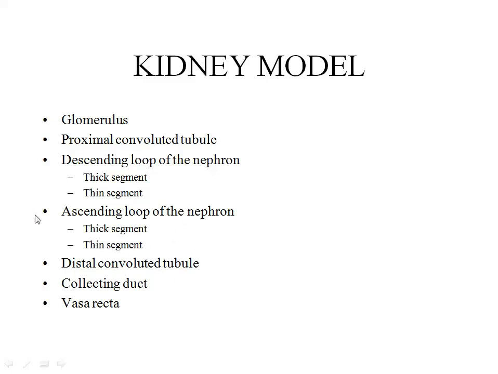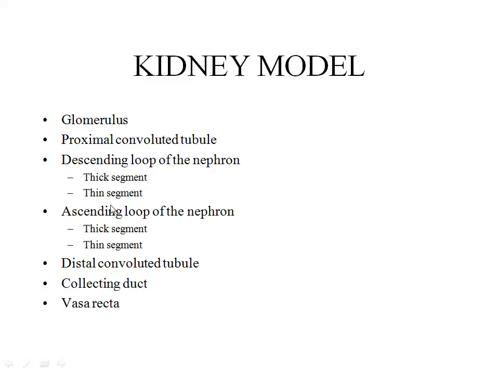Now this middle portion is the loop of Henle. In the loop of Henle you will find initially the tube goes down, so they term it the descending loop. In the descending loop again you will find there are slight variations in the epithelial layer, so it forms some thick segment and some part is thin.